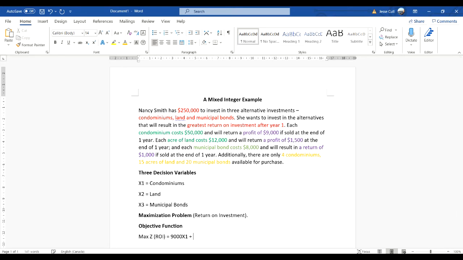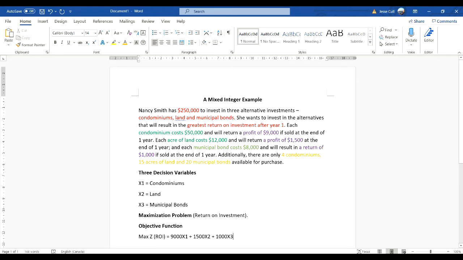plus 1,500 X2, which, as we can see here, is 1,500 times the number of land acres we purchase. Finally, we have 1,000 X3, which is our return on investment times the number of municipal bonds we choose.